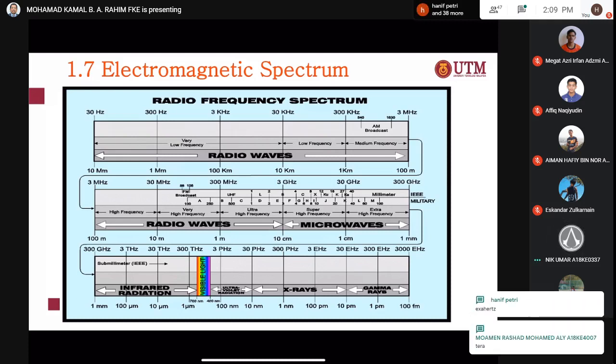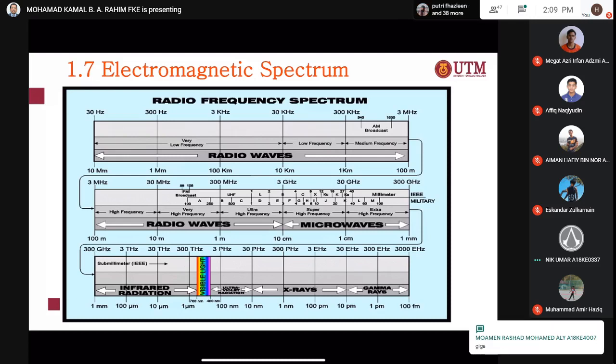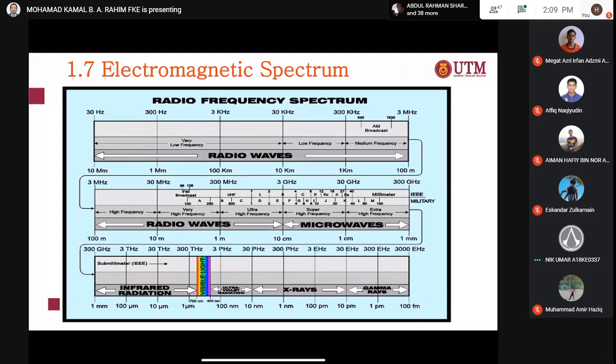Exahertz, 3000 exahertz. And another one? Petahertz. Sorry, petahertz, I also forgot. Okay, so P is the capital letter for petahertz and E for exahertz.